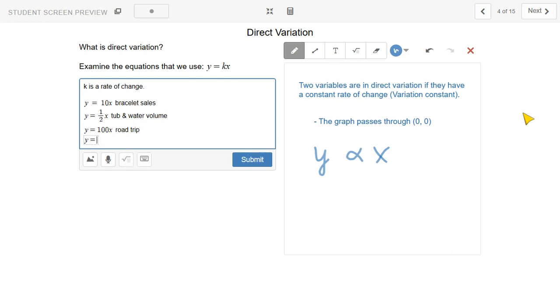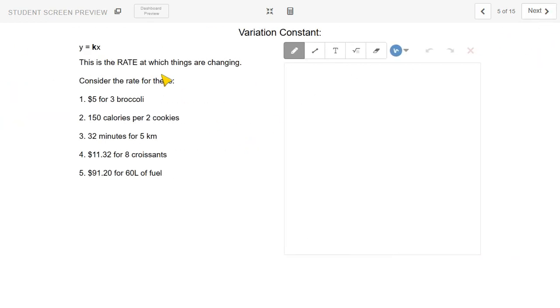And we had y is equal to 40x for our airport parking. So the k is the rate of change, 10, half, 100, and 40. So the k here, the rate at which things are changing.